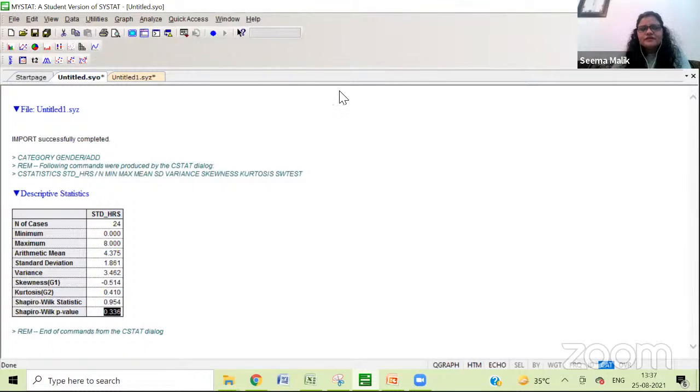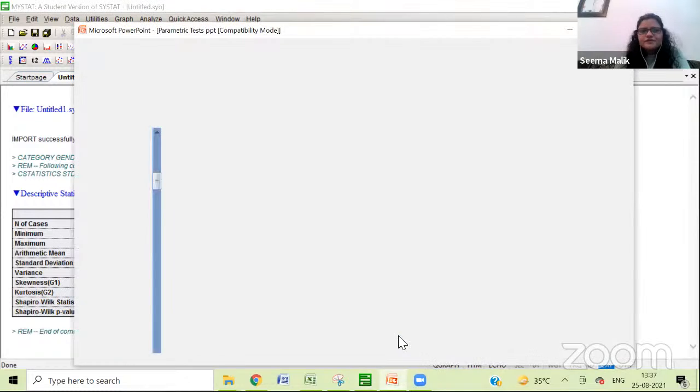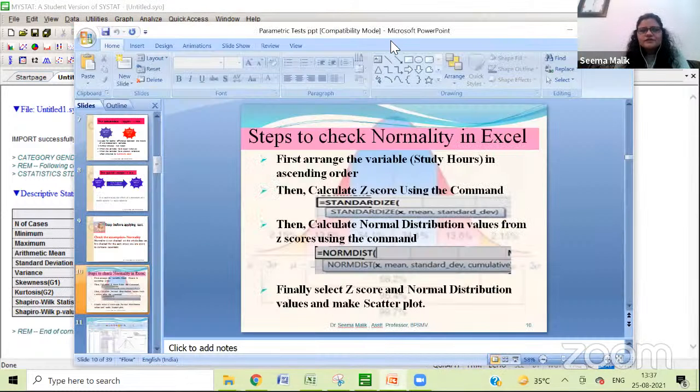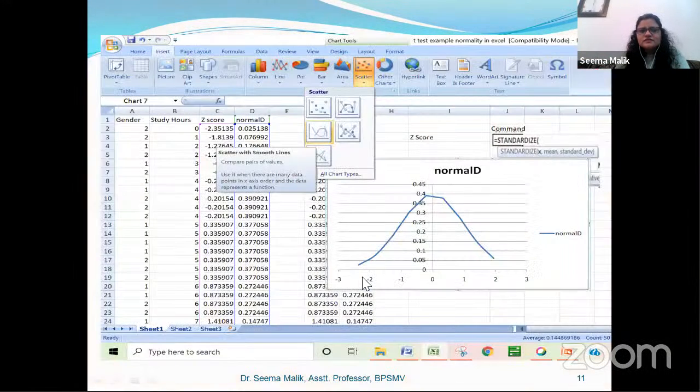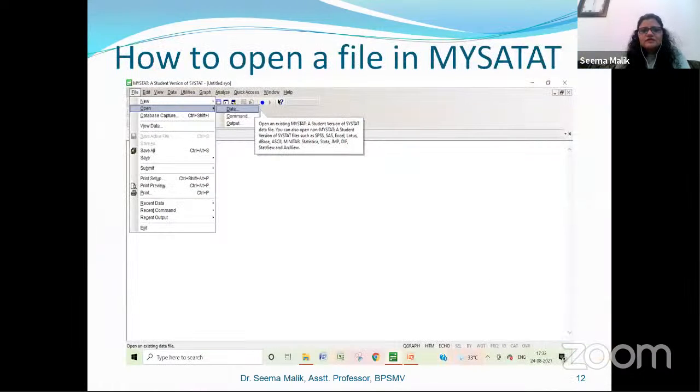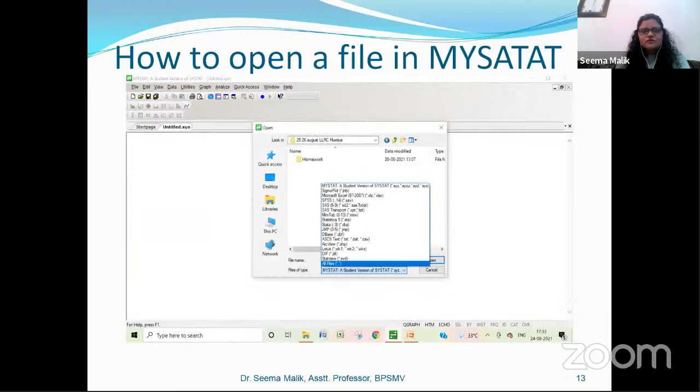Now I'm moving further. I was talking about the one sample t-test. This is the PPT I want to show. These are the commands I have already talked about, and the procedure to follow for assessing normality in Microsoft Excel. How to open a file in MYSTAT, I have already covered.